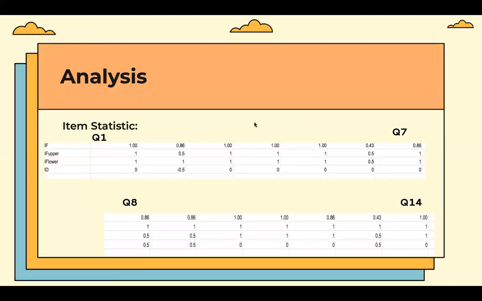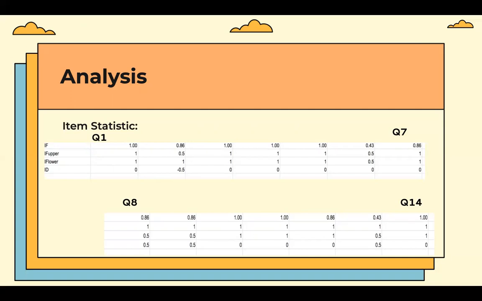And then here are some photos of our analysis. We ran this through a Google Sheets form. So this is going to be our item facility. I have upper, so this is our upper 30% and our lower 30%. As you can see here, like I mentioned in the last slide, our range was really small. It was only a range of 3.